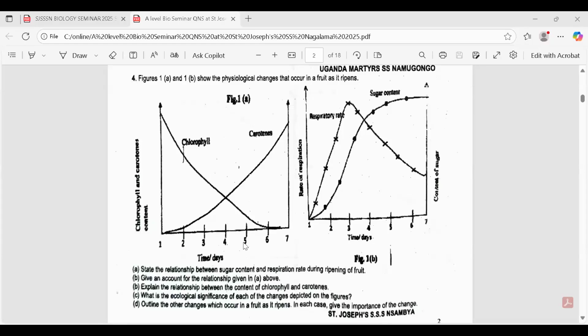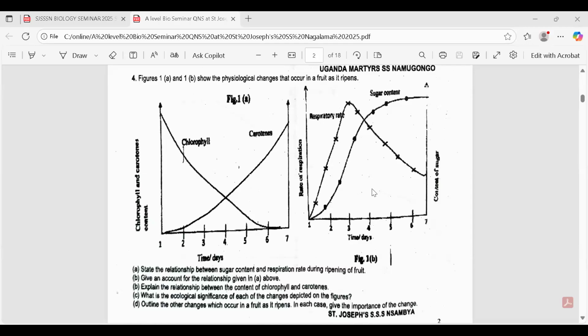In figure 1A, we have one graph showing a decrease in chlorophyll as time goes on, and then another curve showing an increase in carotenes as time goes on.